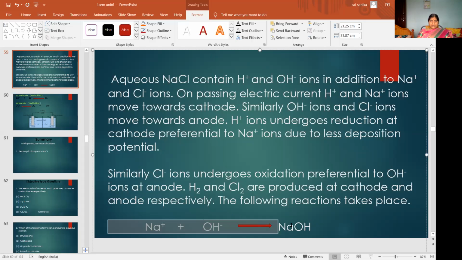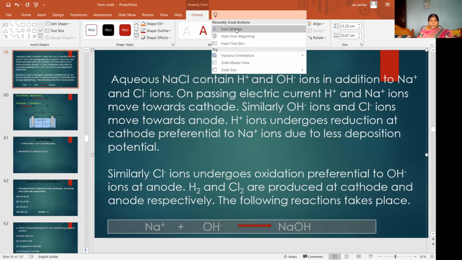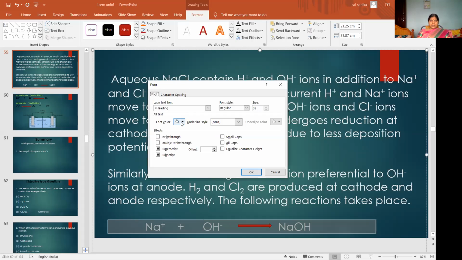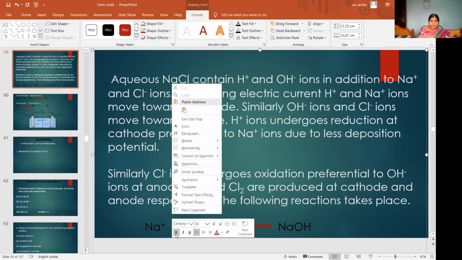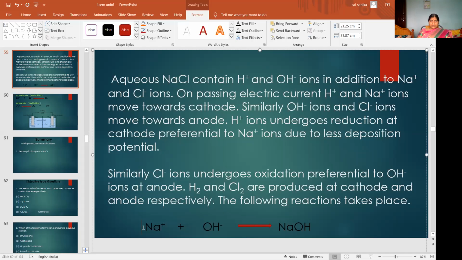Actually I forgot to write this product here. So this is the product formed in the electrolytic cell. So in objective type questions, what is the option here?